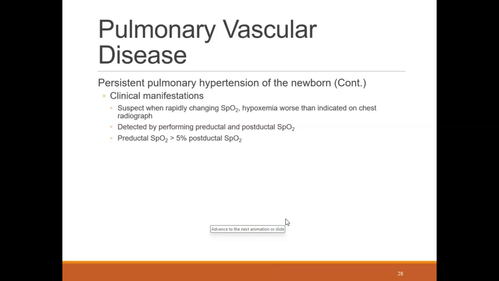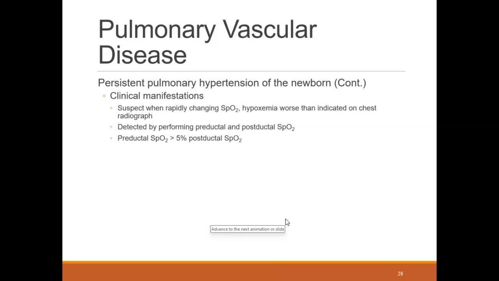So if you have this as your clinical simulation patient, you're going to want to order pre and post ductal SpO2s. This is never a wrong thing to get on a patient because it doesn't cost much and doesn't waste much time. All you're doing is putting a pulse ox on their right wrist and then a pulse ox probe anywhere else on their body, and you're looking for a difference.